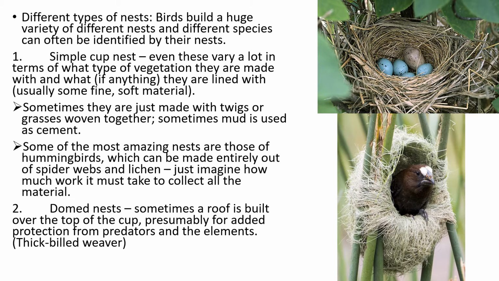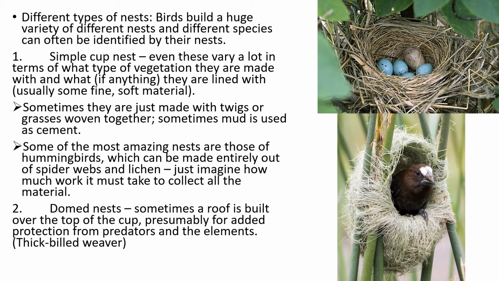A simple cup nest. Though the structure of this simple cup nest varies a lot in terms of what type of vegetation they are made with or what they are lined with or what place they are constructed in.